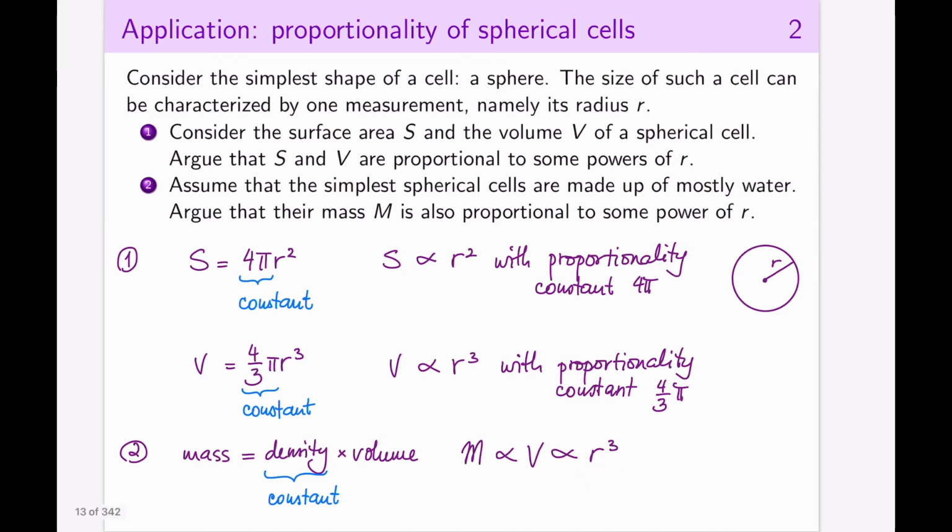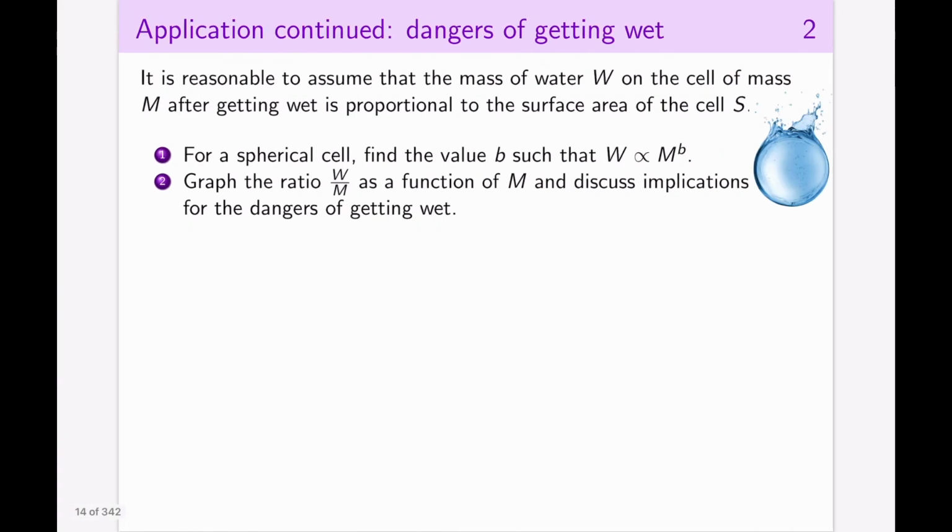Let's see how this is going to become helpful in trying to analyze properties of a cell. In particular, we're going to talk about what happens if a cell or a spherical object, let's say a small spherical object, gets wet. Think about this. If a spherical small object gets wet, it's covered by water on the outside, on its surface.